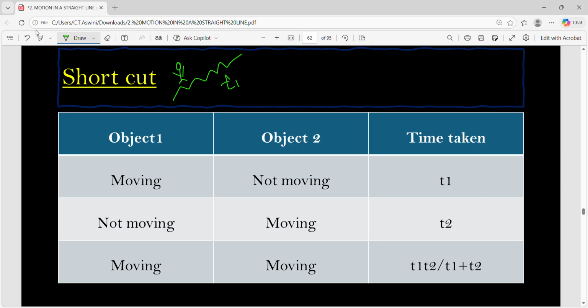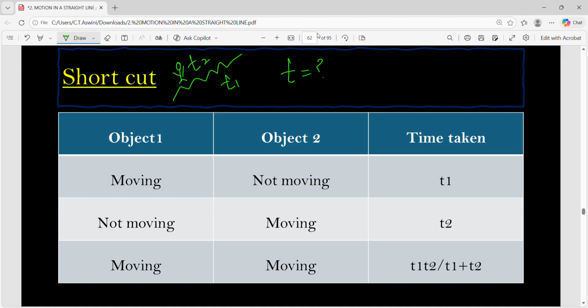And this time the person is walking on the escalator, but the escalator is not moving. Then the time taken by the man is t2. Now they'll ask you this case. Now, what happens if a man walks on the moving escalator? That means both the objects are moving now. So then that moment they'll ask you to find the total time.